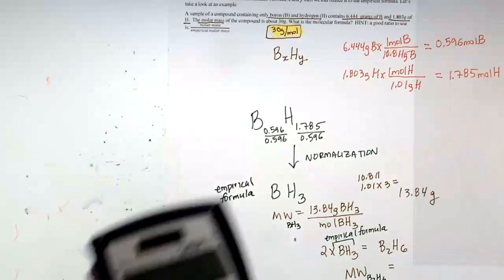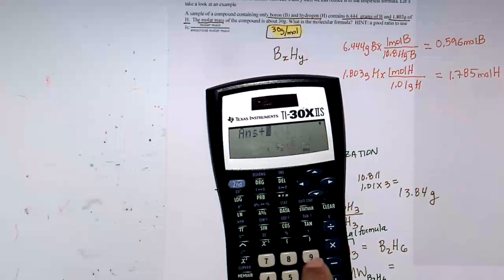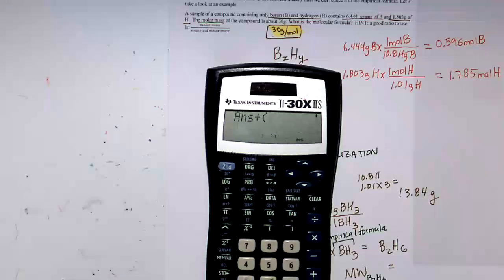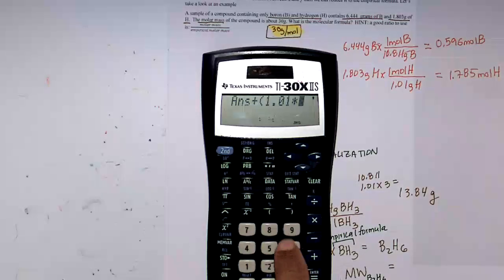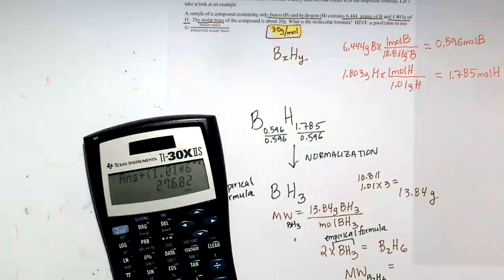We'll take 10.811 times 2 plus H6, hydrogen is about 1.01 times 6. That's 27.68. I think that's a close enough match to 30.